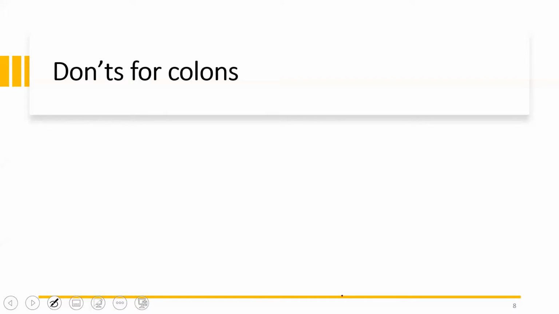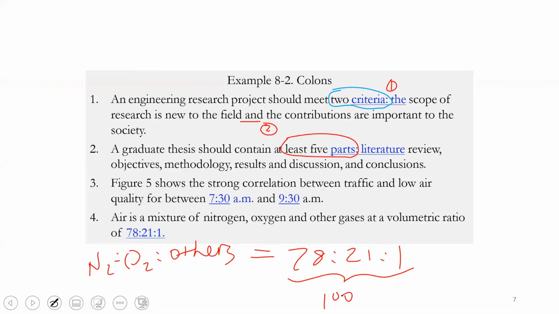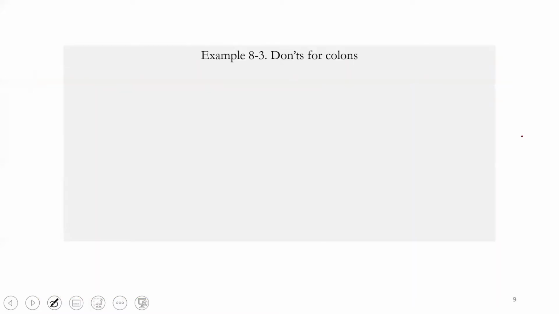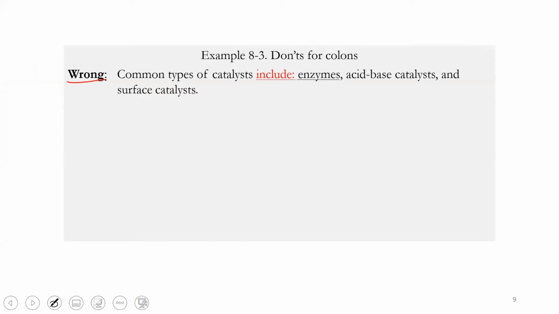Don't use the following for colons. Don't capitalize the word immediately after a colon, right? You already see that. For example, these are all lowercase. Again, let's look at examples. It's wrong because there is a colon after include.